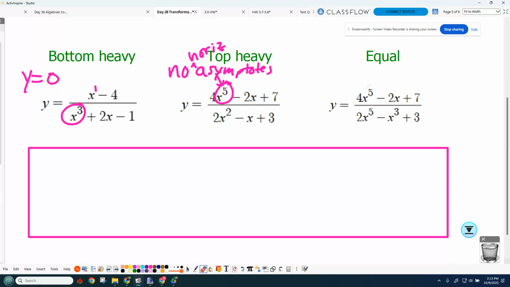Yes. Love that. So if they're equal, take the coefficient of the top. Oh, I was right. Yeah, but you didn't know why. So top heavy, bottom heavy, equal. If it's top heavy, ain't got no horizontal asymptote. If it's bottom heavy, it's y equals 0. Okay? All right.